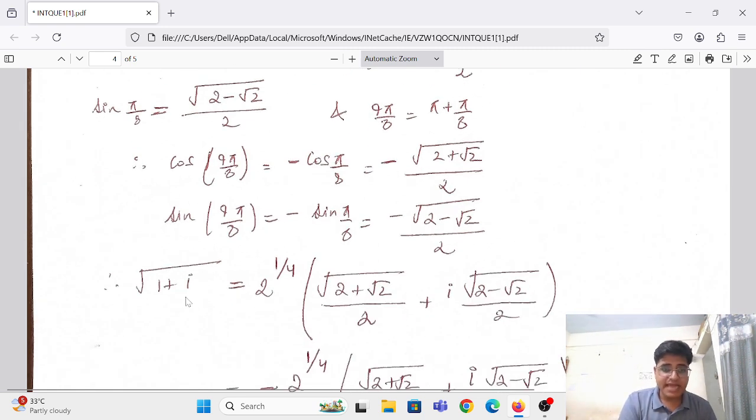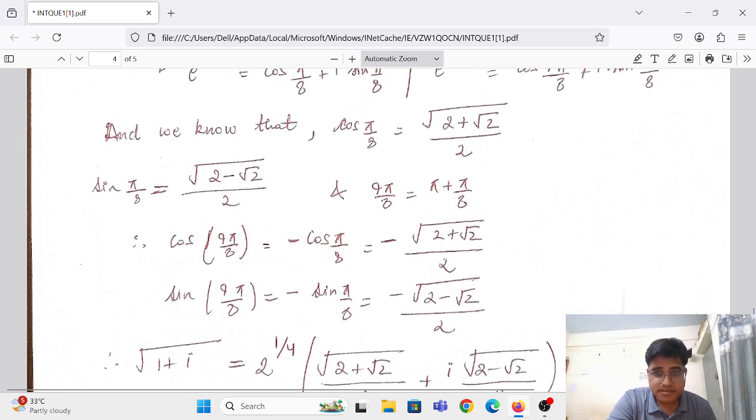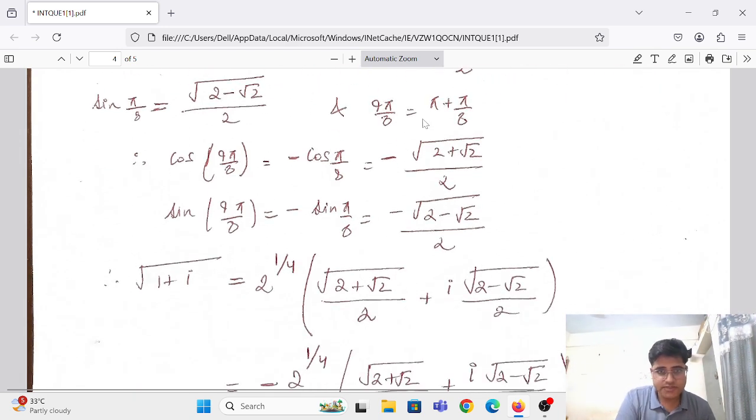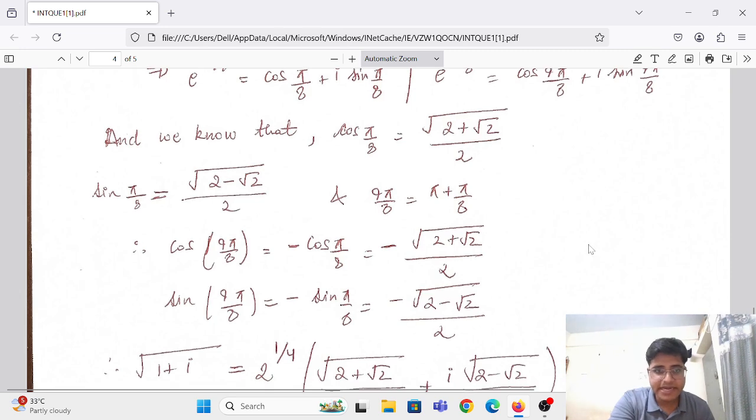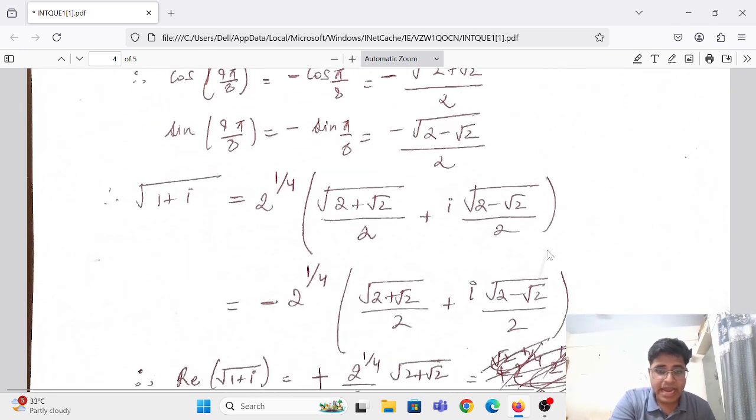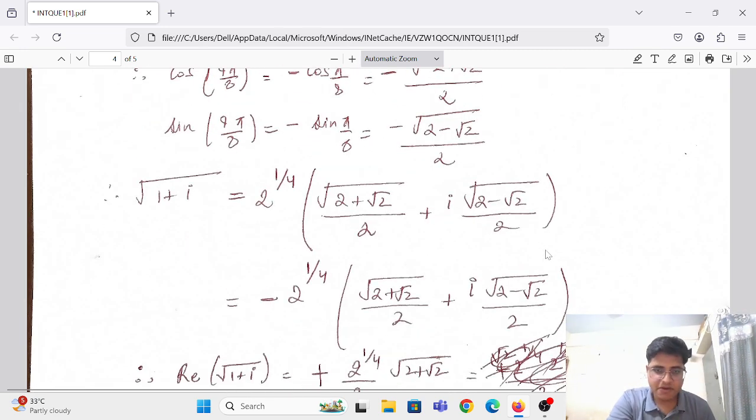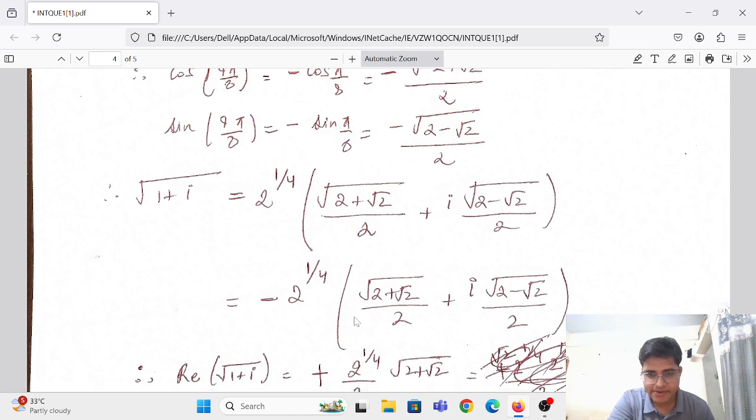Now the root of 1+iota in that case would be 2 raised to the power of 1/4, and first we take these two, cos π/8 + i sin π/8, and 2 to the power 1/4 times cos 9π/8 + iota sin 9π/8, which is minus cos π/8 minus iota sin π/8, where we just take the minus sign out.